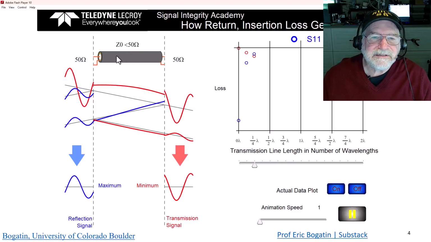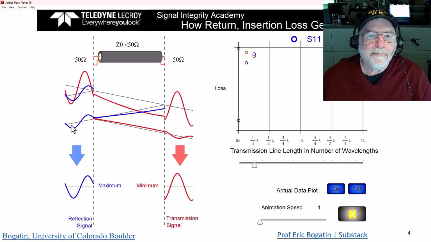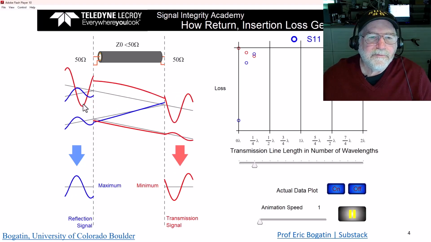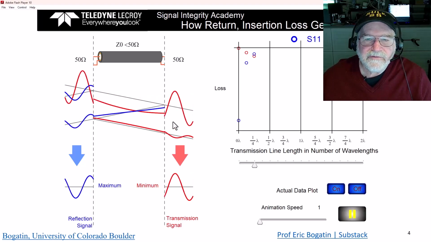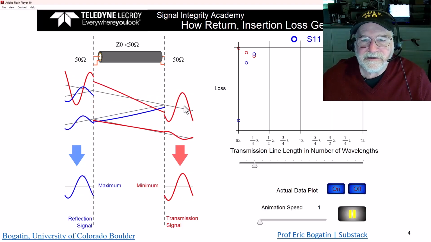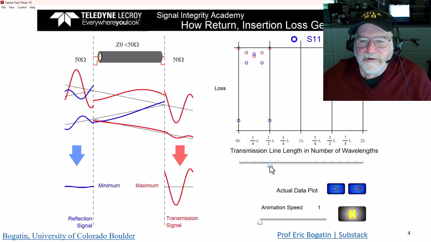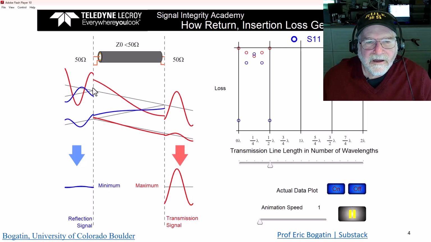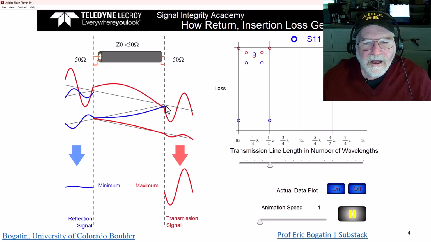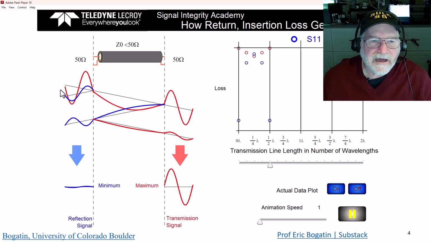When the length of this interconnect is a quarter of the wavelength of that frequency, we're going to have a maximum in the reflected signal S11, and we're going to have a minimum in the transmitted signal S21. And if we make it a half a wave, then we reach the point where this guy has gone a half a wave hitting here, another half a wave, and so the reflection here is 180 degrees out of phase.